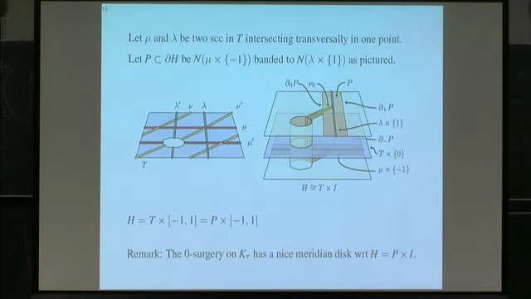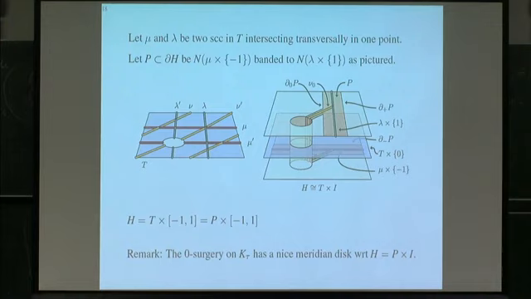So let me be a little more specific. I want to coordinatize the torus T. Let lambda and mu be two framing curves for this torus T, where I'm taking T cross I. That gives me a meridian and longitude for this torus, or a basis for the first homology of that torus.